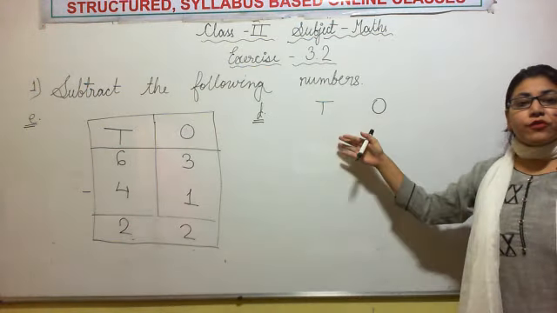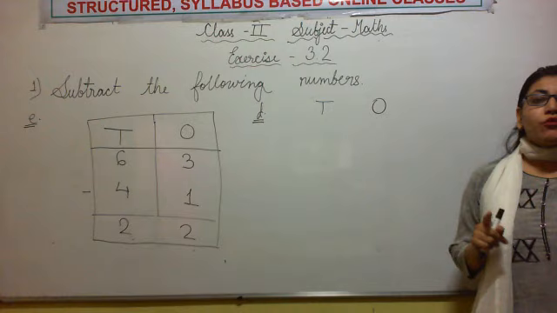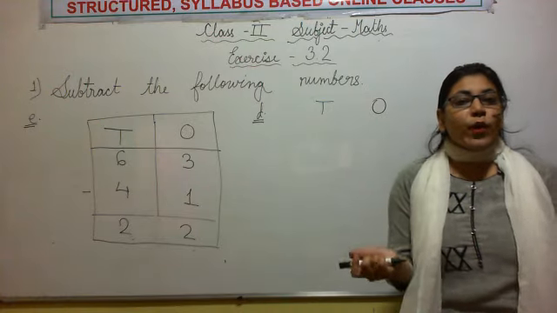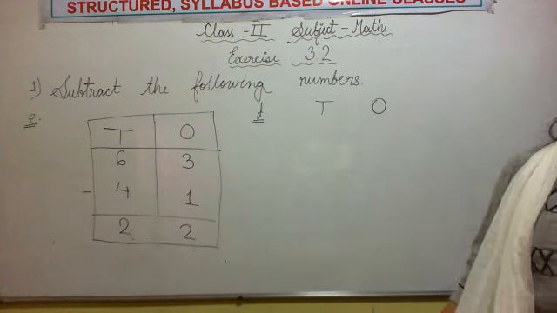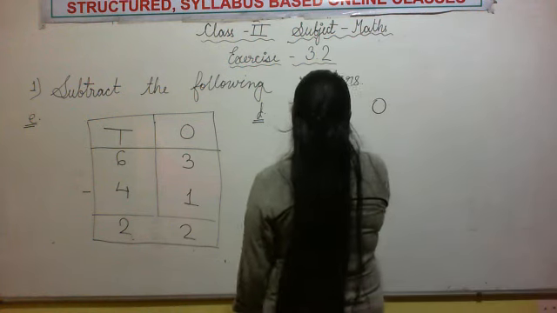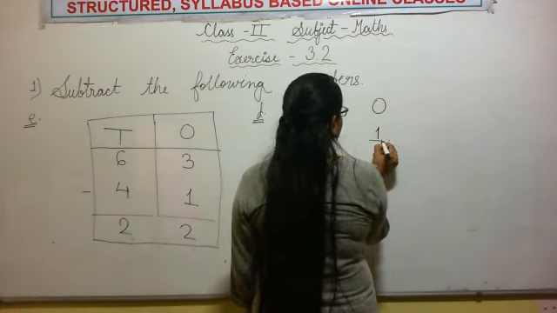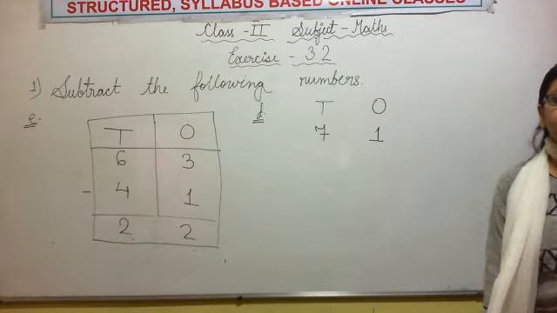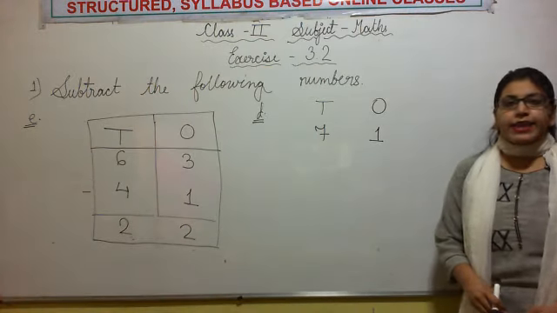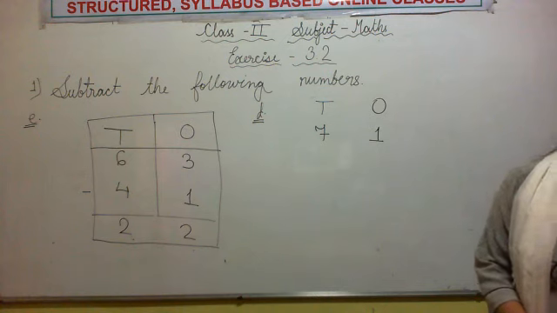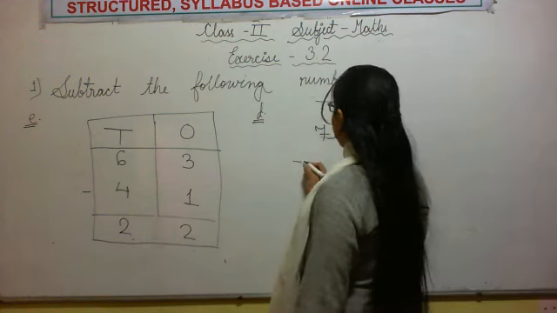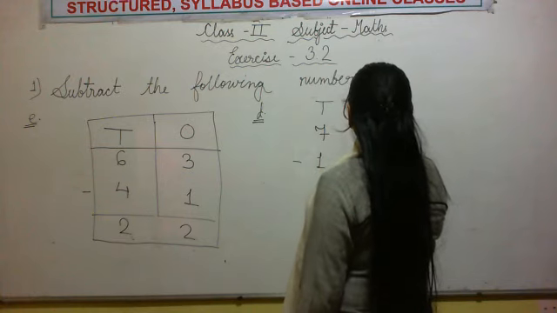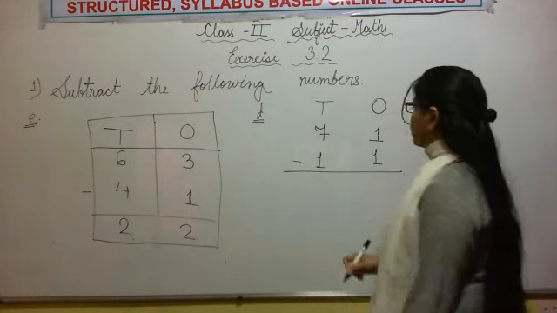Now we are done with writing places. Now we will write minuend and subtrahend. Minuend is 71. So we will write tens below tens and ones below ones. Minus 11.